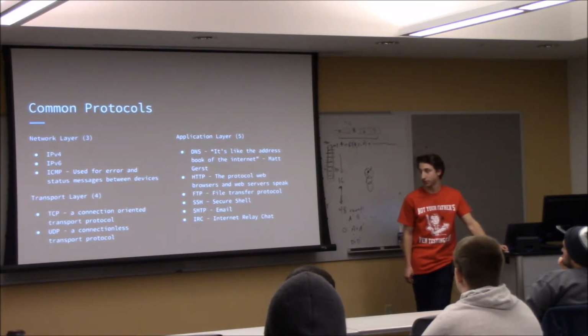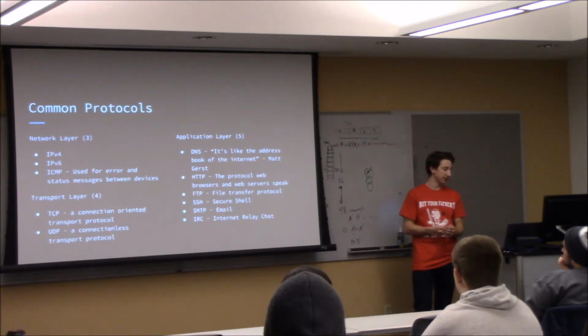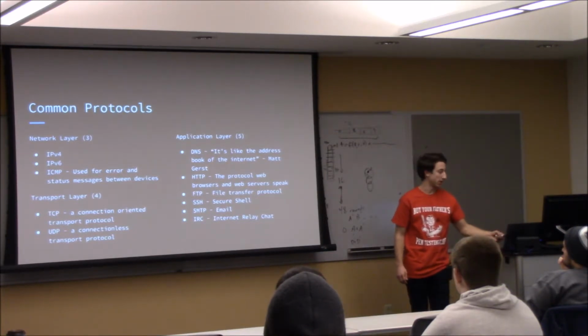TCP is connection oriented, meaning that it waits to make sure that a packet it sends is received by whoever is requesting it before it sends the next one. Whereas UDP is connectionless, meaning it just keeps sending them, and if one doesn't get picked up at the end, it just skips over it and keeps sending the next ones. It doesn't wait to make sure it gets it.